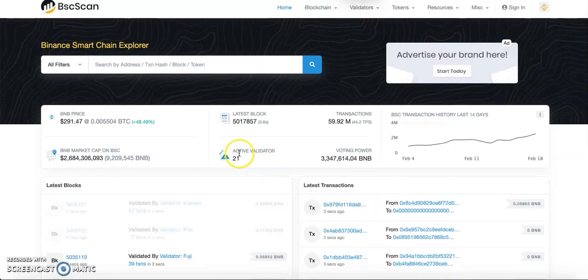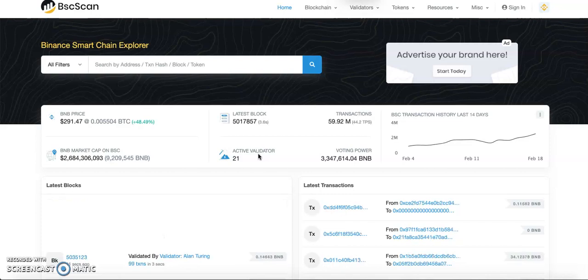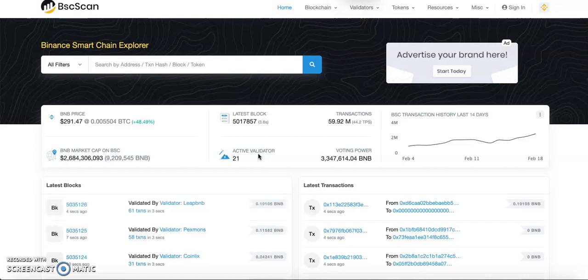Right, so Binance chain has 21 active validators. Now remember when people were mocking EOS, because EOS has 21 BPs, right? And Binance has the same thing, and no one is mocking them. Now don't get me wrong, I'm not trying to cause a fight.